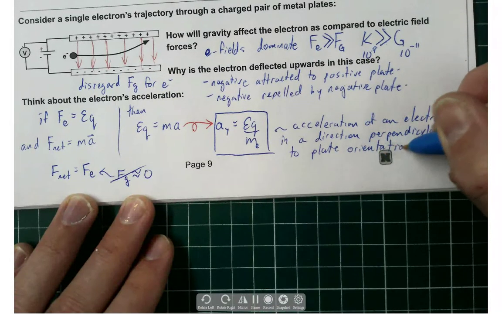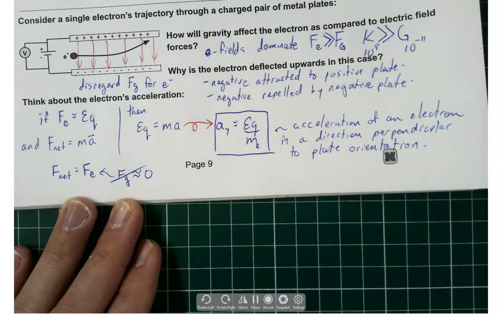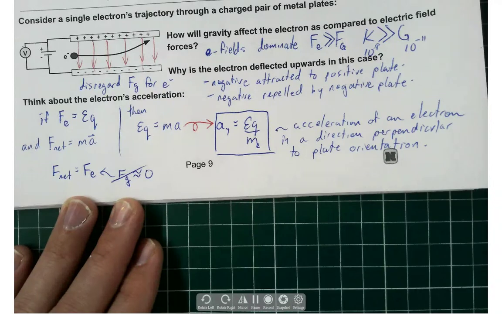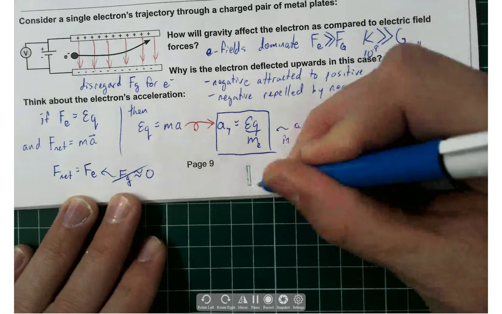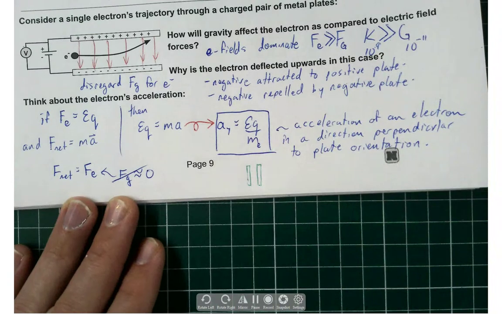And I'm saying perpendicular too, because here I am saying a_y, but couldn't these electric plates be oriented vertically? We could have stood this whole system on end, right? We could have had plates that were like this. We didn't have to send electrons sideways through it. We could have sent electrons vertically through it. So I just mean perpendicular to the plate orientation. Okay.